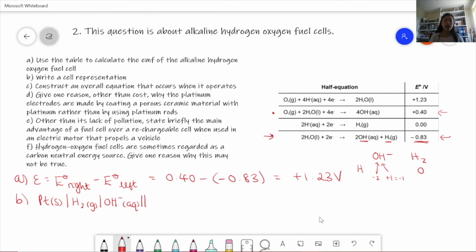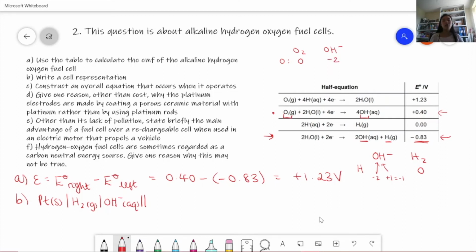So now we need to have the oxygen and the OH minus. And so again, we work out the oxidation states. So we have O2 and OH minus for oxygen. So for oxygen, the oxidation state in O2 is 0 because it's an element, and in here it's -2.